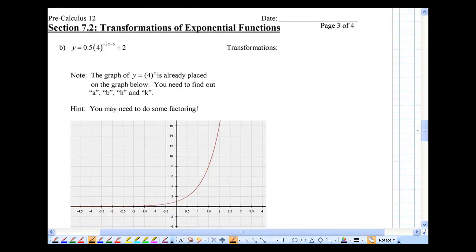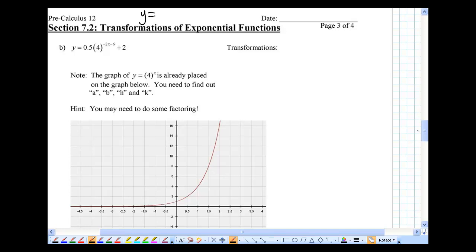Okay, I'm going to try to help you with this one, at least identifying the transformations. So, oh, yeah, there's something kind of messy in the exponent. I see a negative. Oh, don't like negatives. Oh, and I see a 2 and I see a minus 6. And remember, we're always going to use that form where there's a bracket in the exponent.